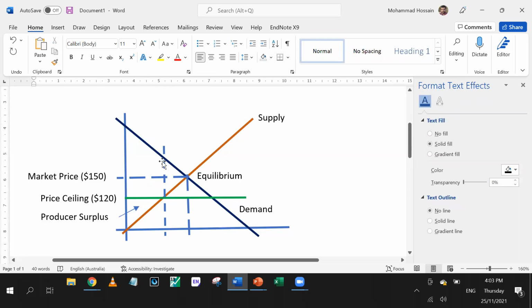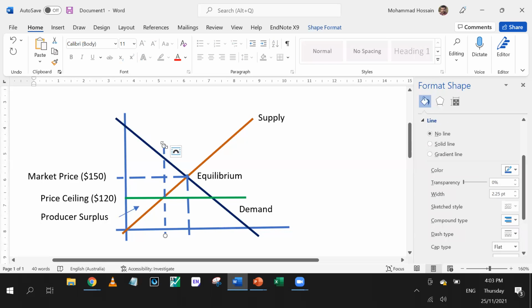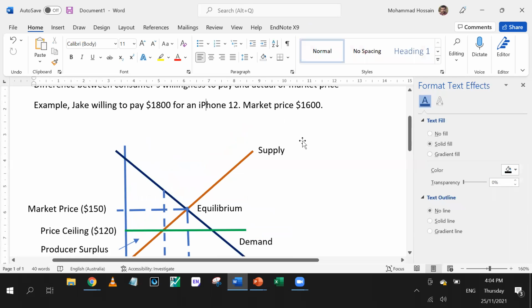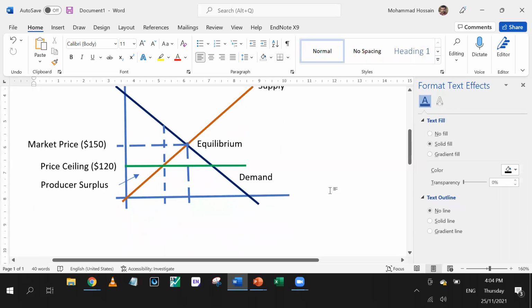Deadweight loss, again, this corner will be a deadweight loss. So this triangle will be your deadweight loss.